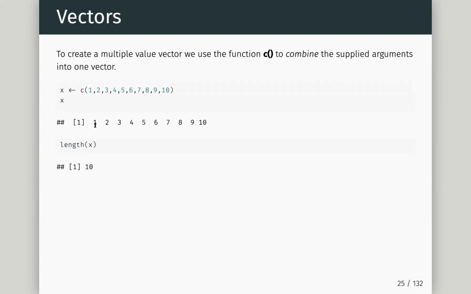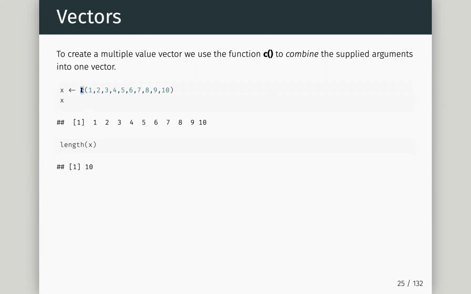If I want to start to create variables which contain multiple values, such as a multiple value vector, we can use our very simple function c, which stands for combine, and it's just going to combine the arguments into one vector. So here I'm going to give it the values 1, 2, 3, 4, 5, 6, 7, 8, 9, 10.